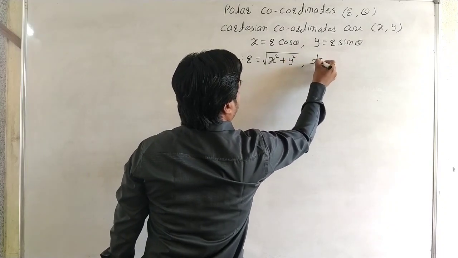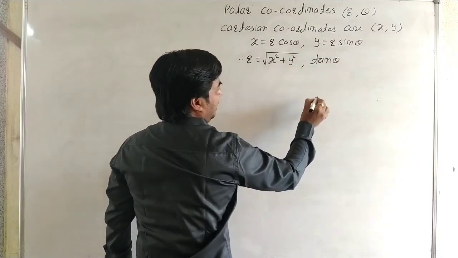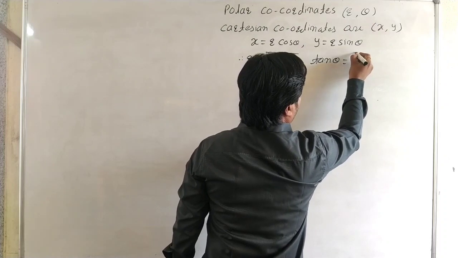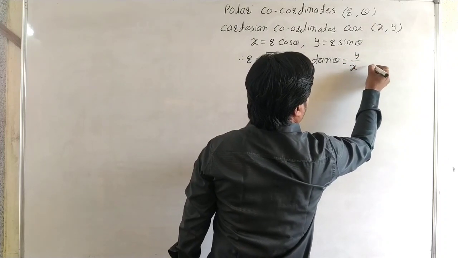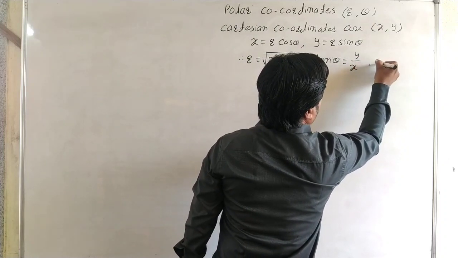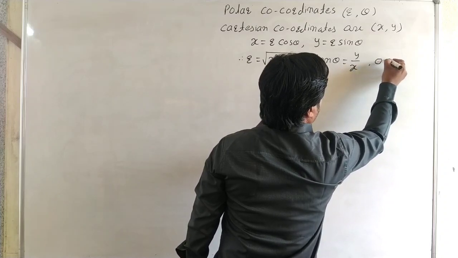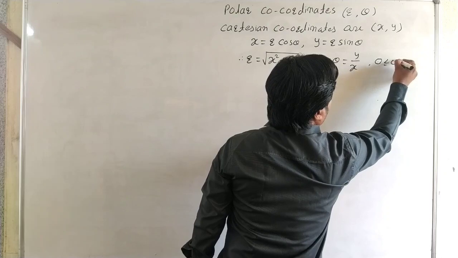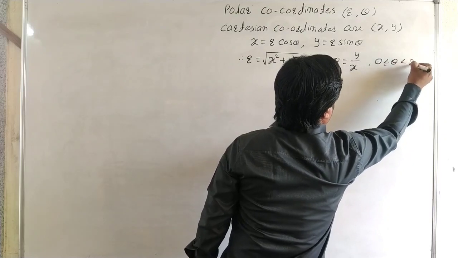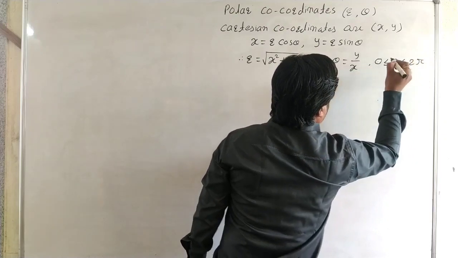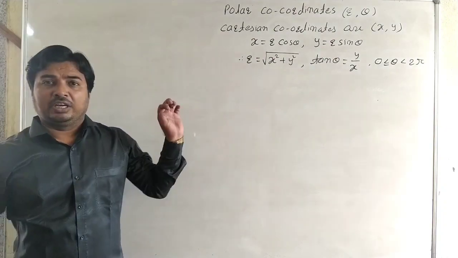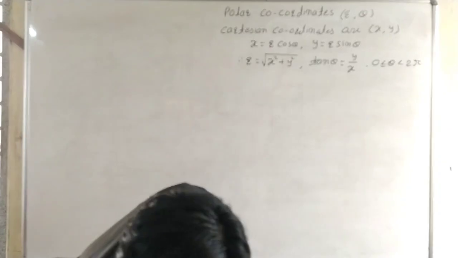To find theta, tan theta is equal to y by x, where theta is between 0 and 2 pi. Okay, that is the polar coordinate. Now we see the examples.